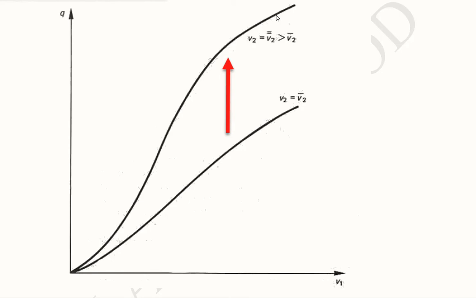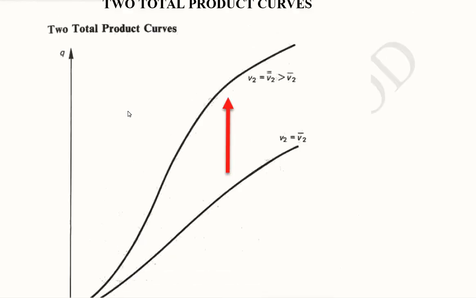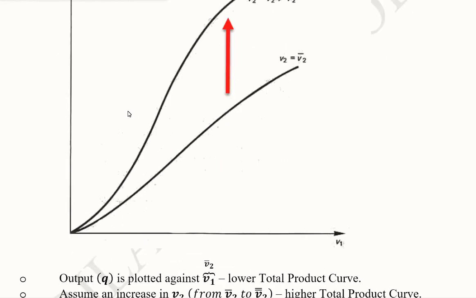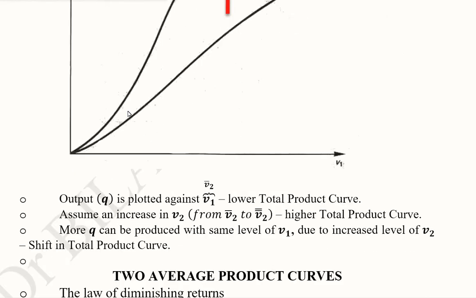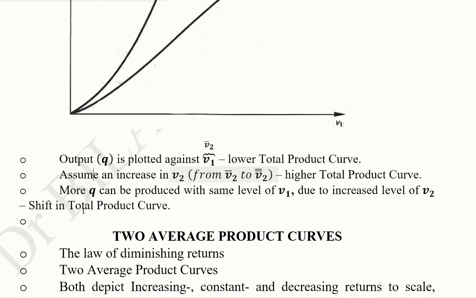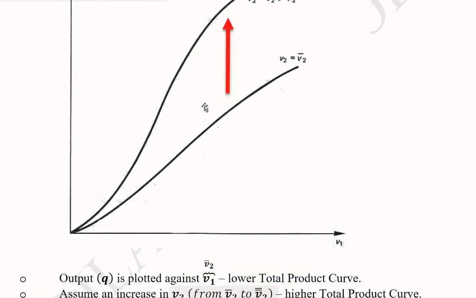That is quite intuitive, because the increased amount of the other factor of production V2 is going to allow us to produce more, provided that V1 is varying. So the two product curves can be made by considering this example. This is the explanation of what we have seen in the diagram. The shift has happened here with the help of the red arrow.